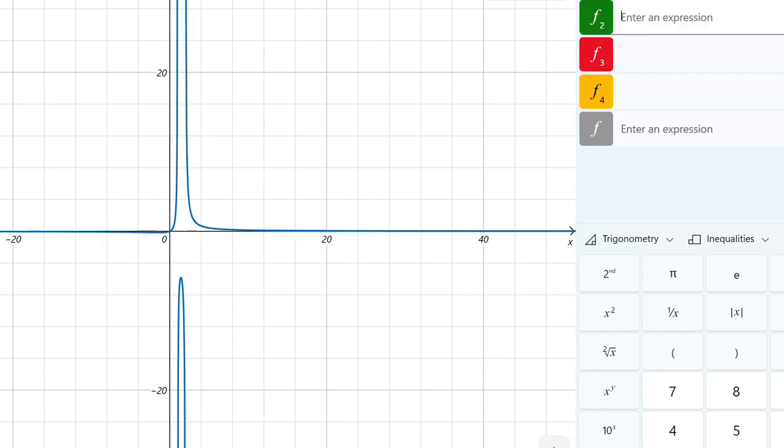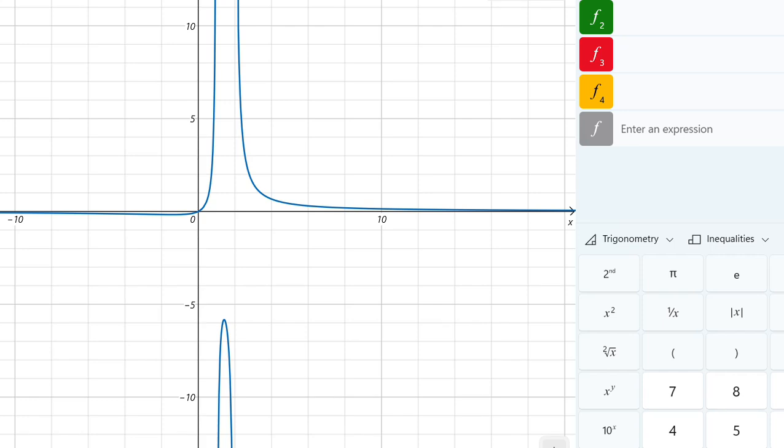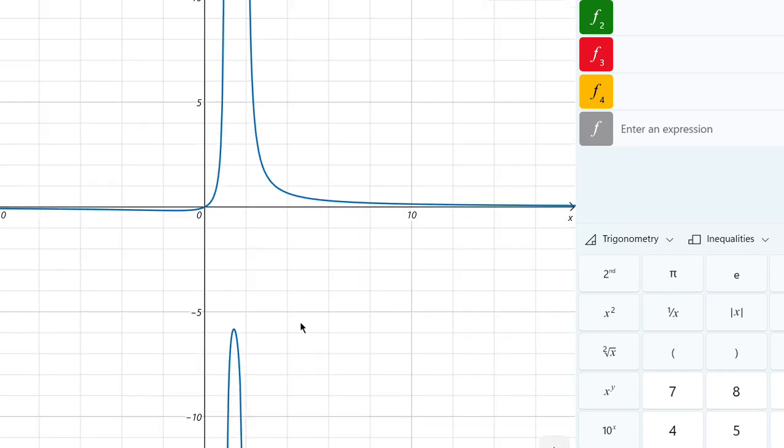Okay, so this is what you have. So we've determined two vertical asymptotes. The first asymptote at x equal to 1, and if I plot out the line x equal to 1, this is what you have.